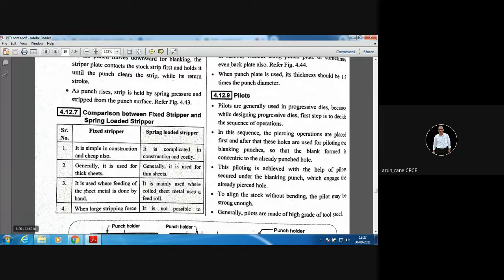Then fixed stripper is used when the feeding is done by hand, whereas spring-loaded stripper can be used when you are using a roll, that is a coiler.